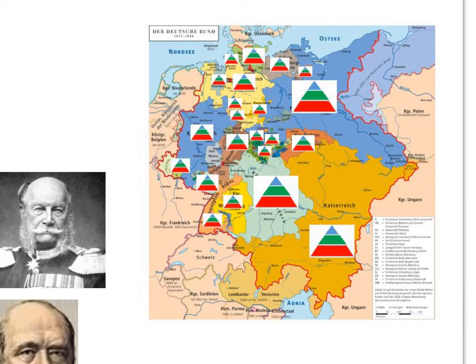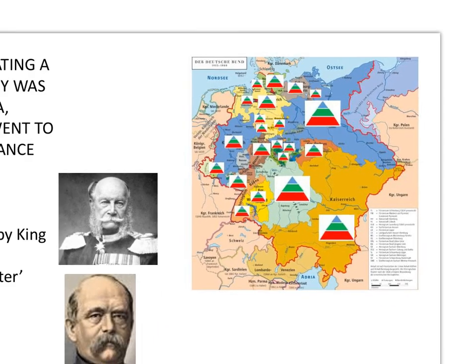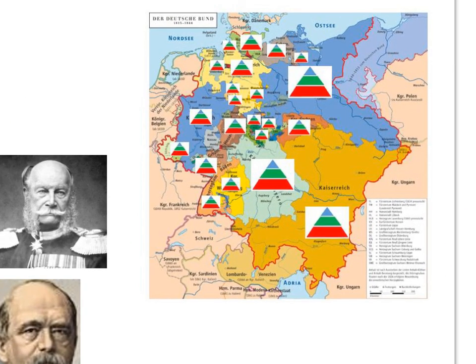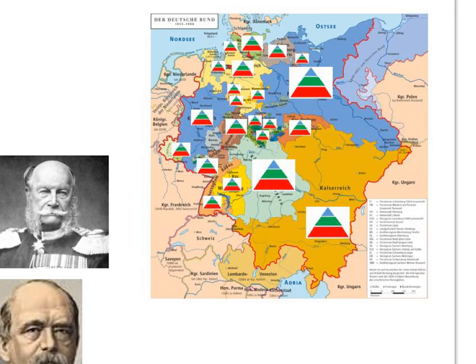And our story that really begins our course begins in the year 1870, when Prussia went to war against France. So again, we look at our map here and think, what basically does this mean? Well, there's France in the west, and Prussia to the east. Prussia went to war against France in the year 1870.